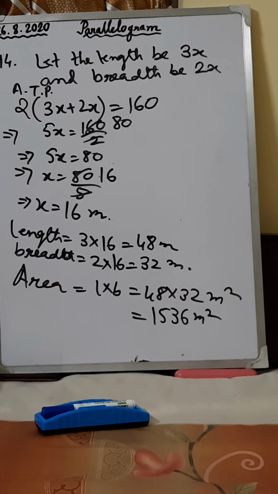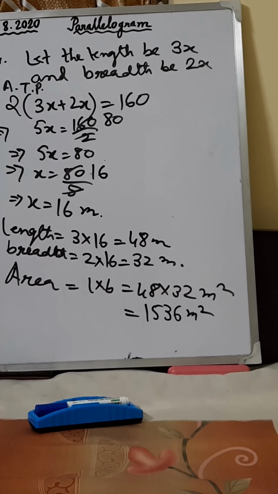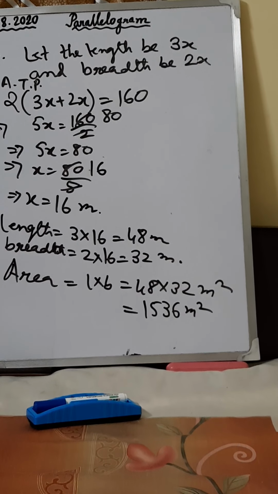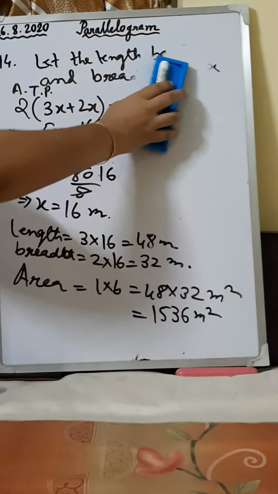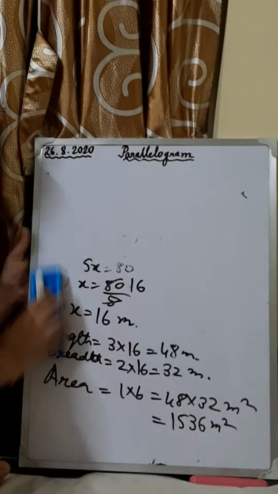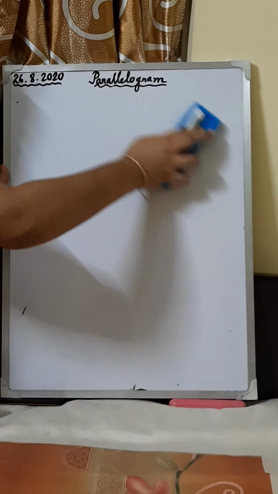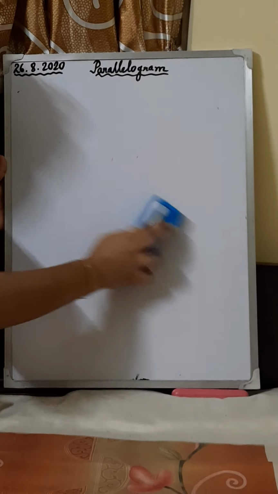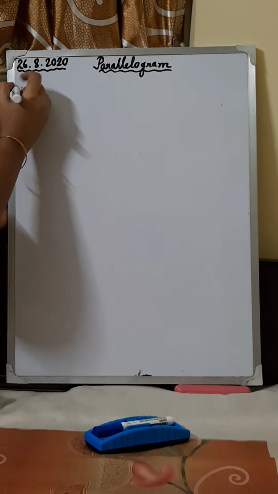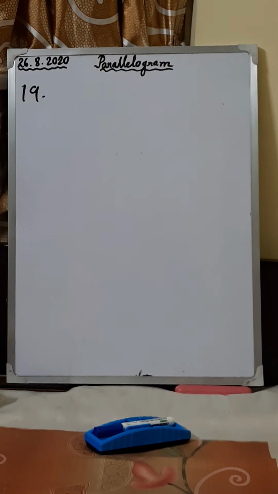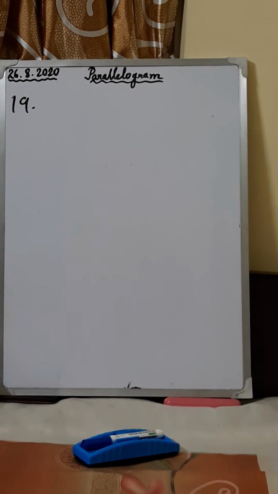Now see question number 19. There is a path of width 1.5 meter all around outside of a plot 30 meter into 20 meter.